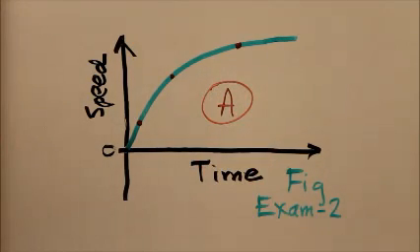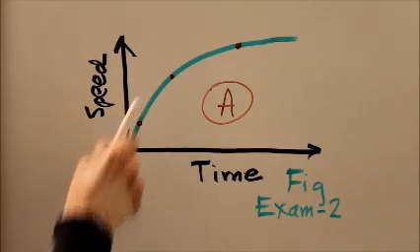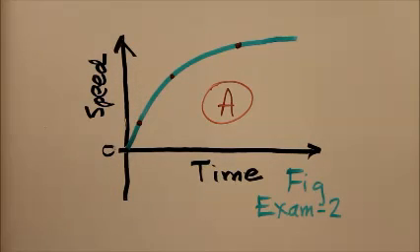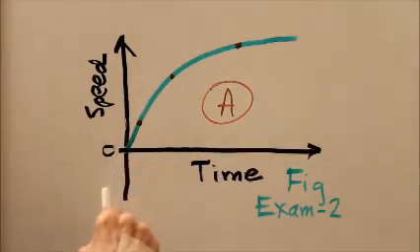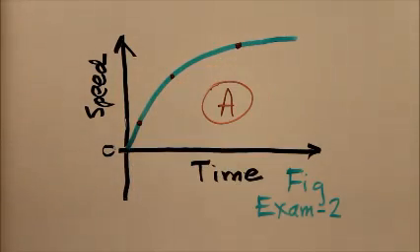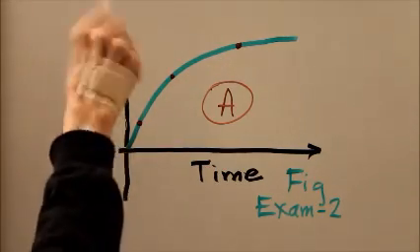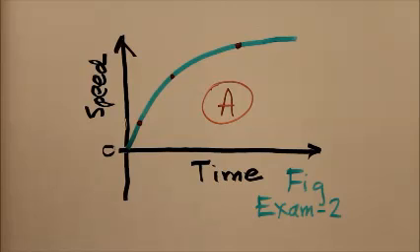The object starts out accelerating rapidly, and as time passes, its instantaneous rate of acceleration decreases. The object does keep moving faster and faster, but it speeds up at a decreasing rate as time passes.